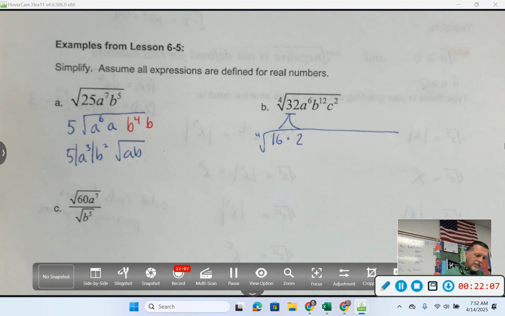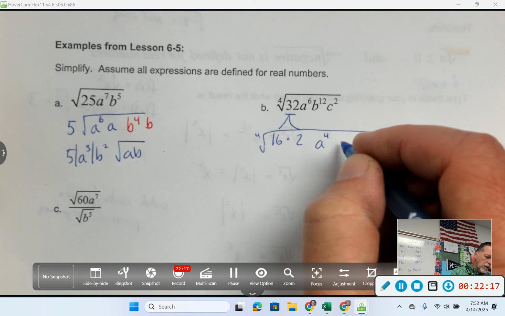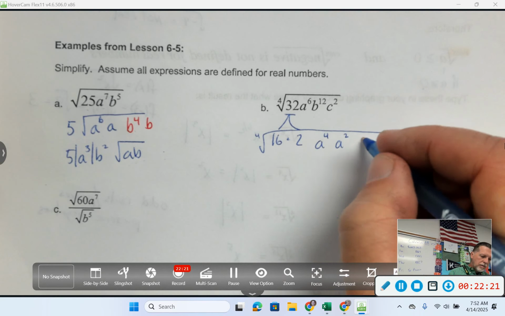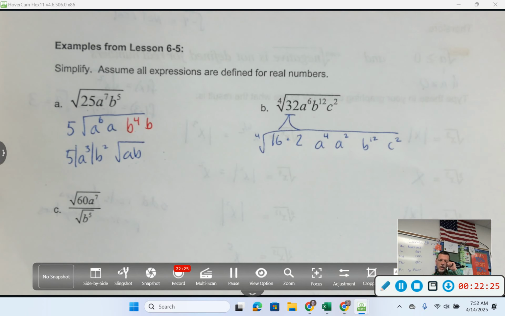How about a to the 6th? How could I split that up so that part of it has a nice 4 and 2? Because I need something to be divisible by 4. So 4 and 2. B to the 12th is fine, and c squared I'd be stuck with anyway. So let's see.